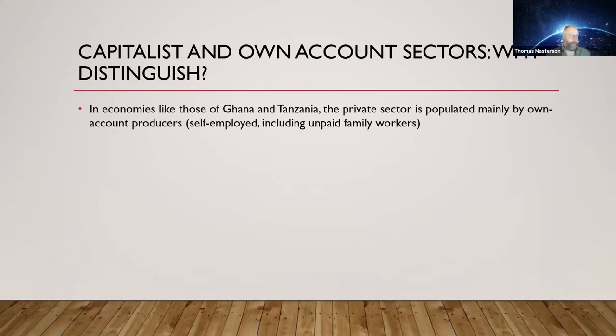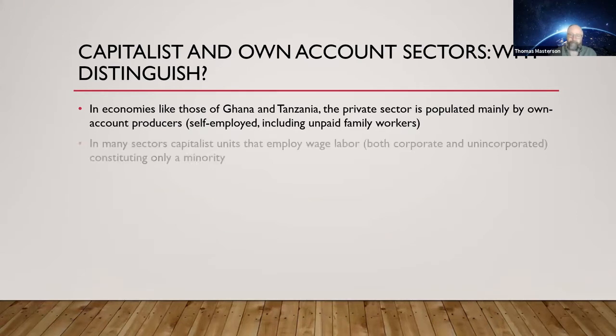In economies like Ghana and Tanzania and many other countries, the private sector is largely own account producers. So family farms for subsistence or for markets or a mix, which is pretty common. Self-employed, so people working in the informal sector or maybe some small business that they have themselves. They include unpaid family workers as a main part of the workforce. And so it's very different than the capitalist sector, which is wage labor.